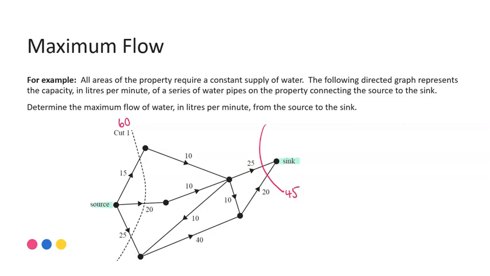So now 45 is the number to beat. Can I draw a cut somewhere in the graph that will give me less than 45? I can probably find a number of cuts that will give me equal to 45, but I can't see anything anywhere where I can get less than that.